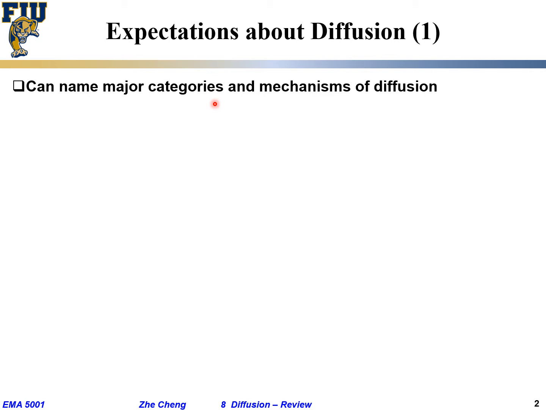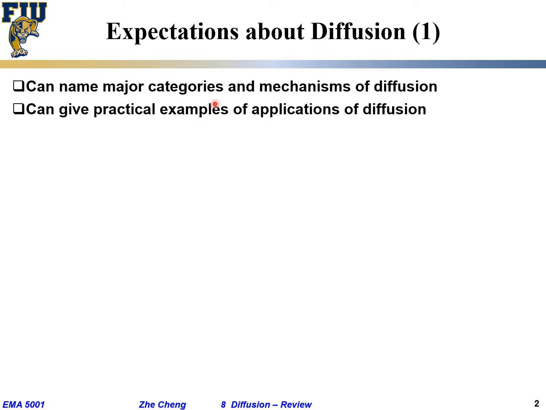We have also talked about, for substitutional diffusion, primarily within the crystal, it's through the so-called vacancy diffusion mechanism instead of direct exchange of position. Of course, on the surface, there may be other mechanisms, but primarily within the lattice, that's the vacancy mechanism.